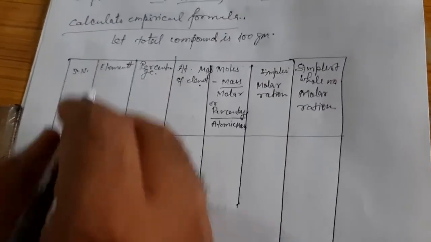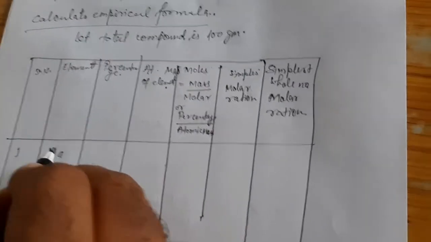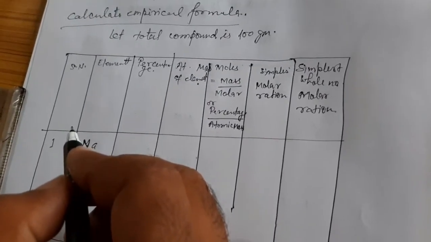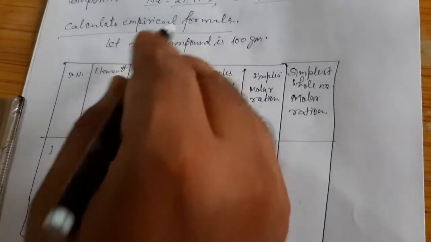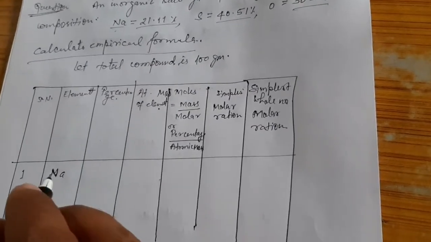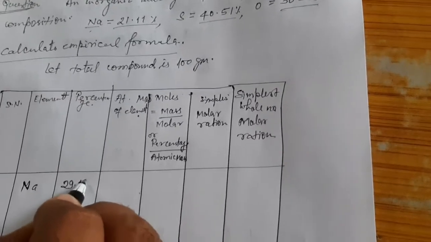Like the first element, our first element is sodium, so write here Na for sodium. Then its percentage is given, 29.11.